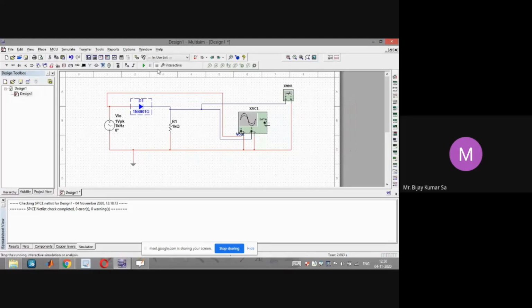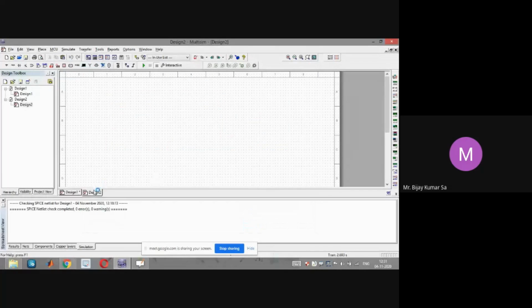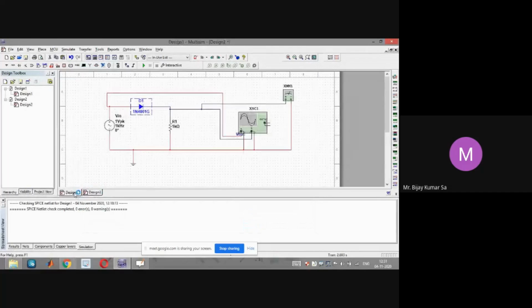I will stop this simulation and I will open a new virtual breadboard, blank, create. So this is a new design. Let me name this design. इसको design को name कर देंगे.